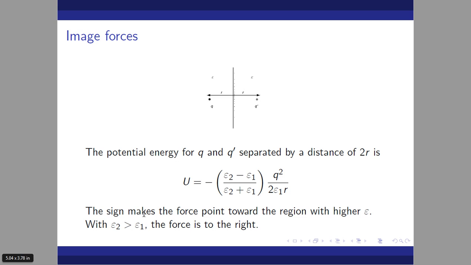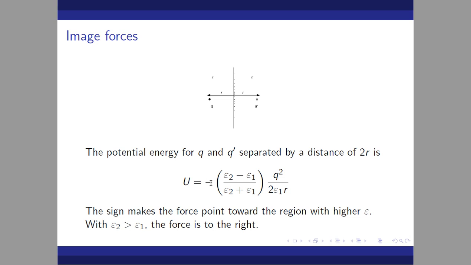The sign makes the force point toward the region with the higher dielectric. So if this is epsilon 1 and this is epsilon 2, the force is going to the right, with epsilon 2 plus epsilon 1.